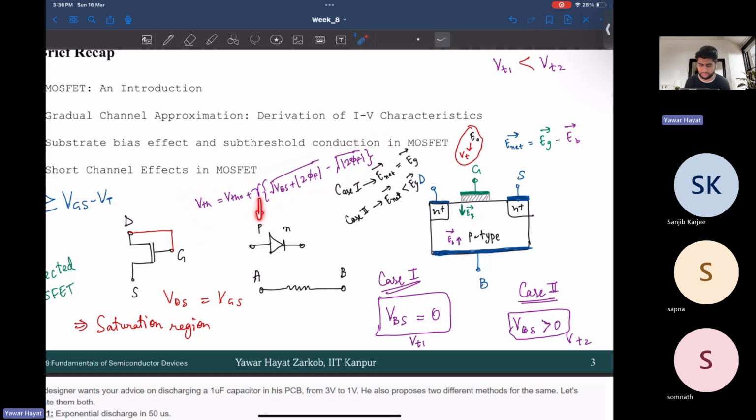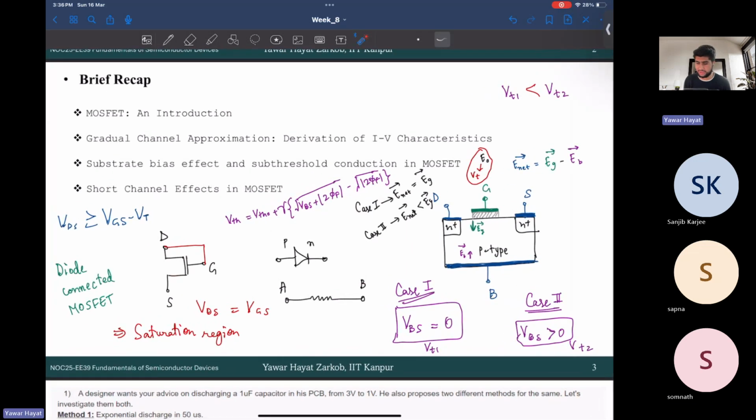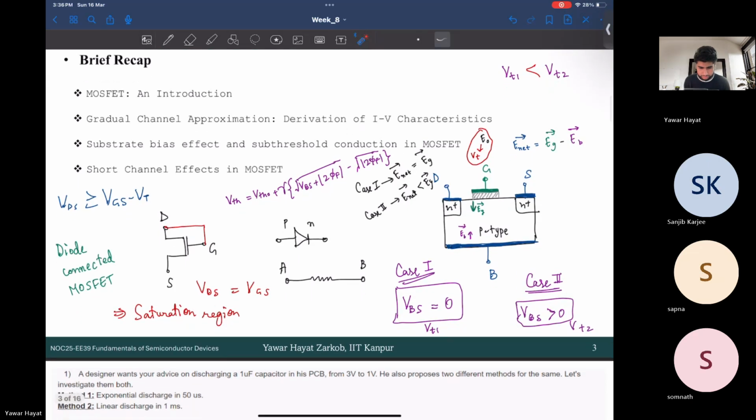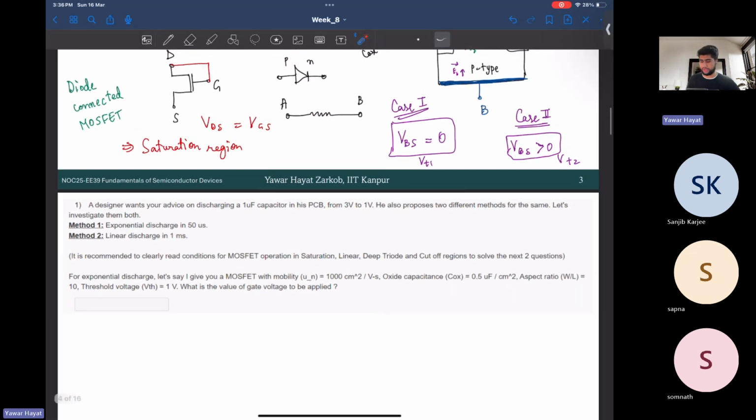That is the reason why this gamma is known as body factor, because the magnitude of gamma would be an indicator of how strongly the threshold voltage would depend upon the body bias. That's why it's called the body factor. We saw gamma in the previous session, so you can watch the previous session to check. Okay, then I'll assume you know this, and let's move on to the questions.